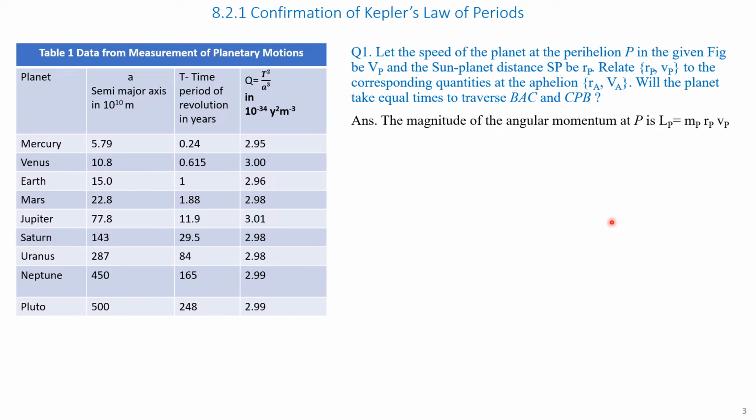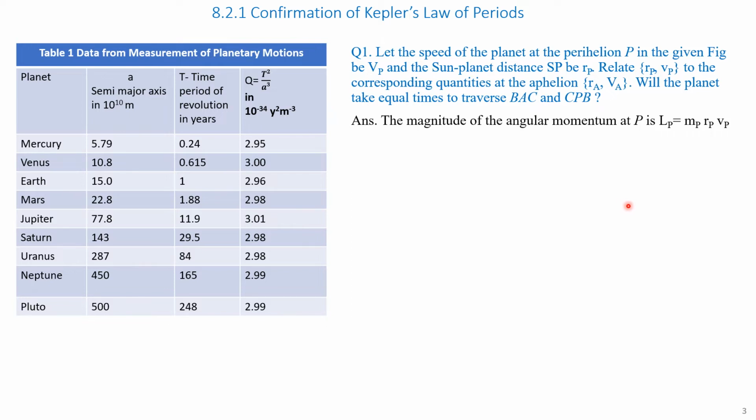Examine this figure below. Here, the blue colored path is the elliptical path of the planet, and S, the Sun, is located near point P. PA is the major axis of the ellipse, so there is the semi-major axis, and BC is the minor axis. The Sun is located here at this point.